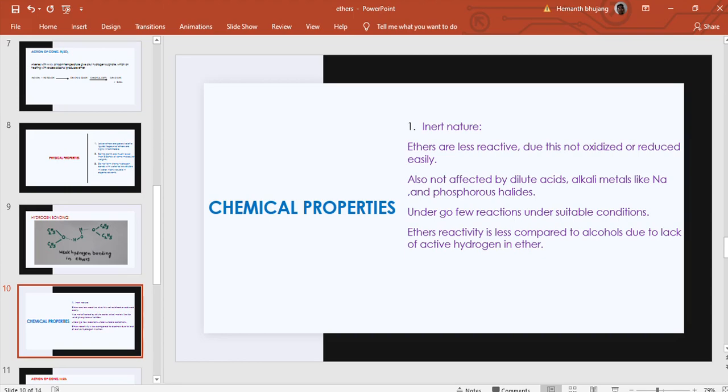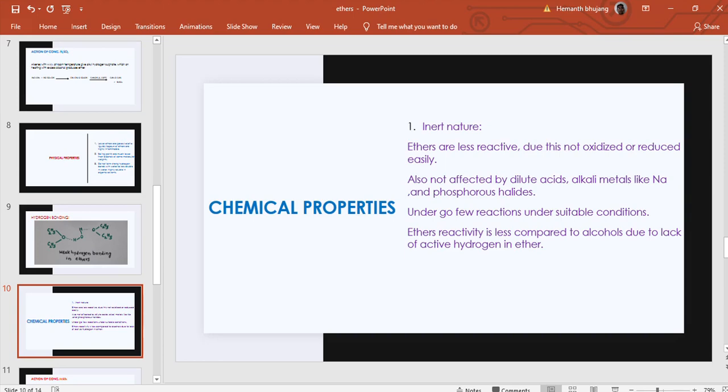Not only that, they are also not affected by dilute acids, alkali metals like sodium, or phosphorus halides. If we try to react ethers with phosphorus halides, no reaction takes place. So this indicates that ethers are less reactive.